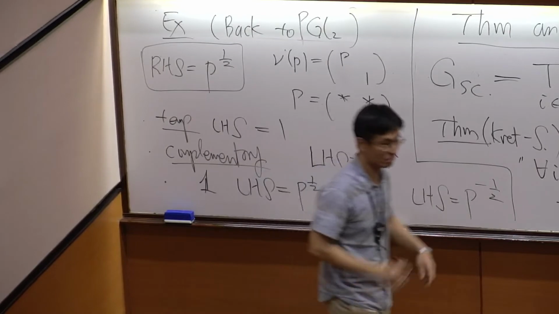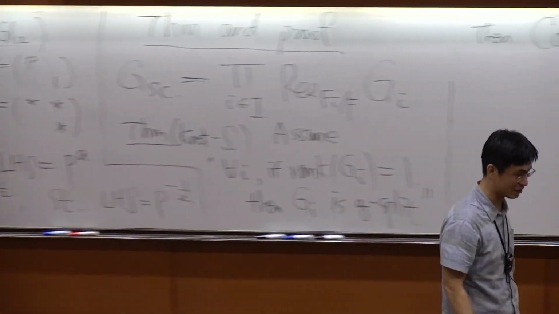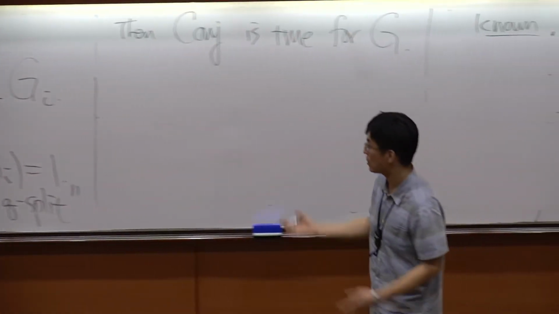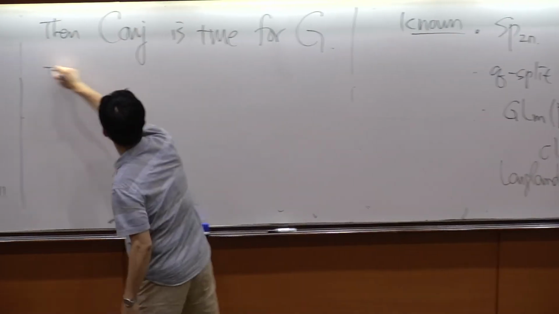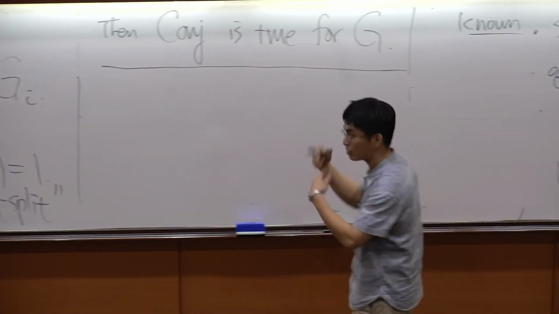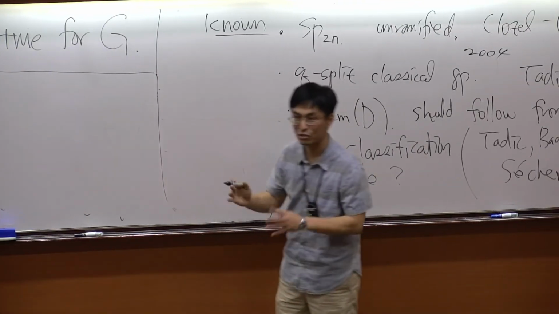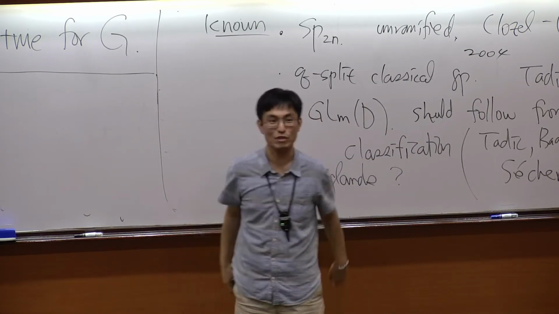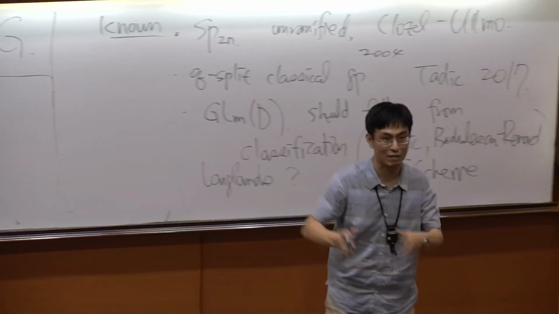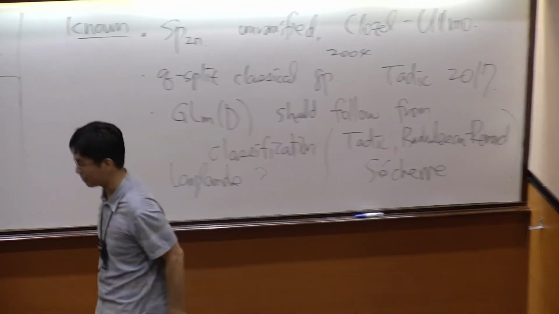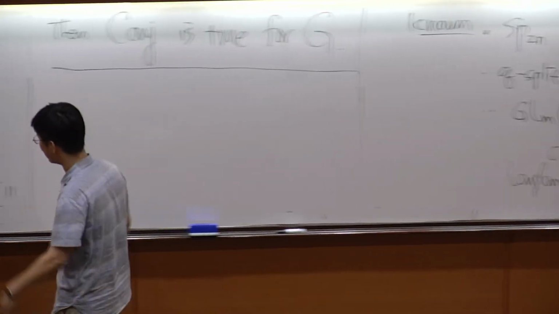In particular, you don't have to assume anything about G being classical groups or something. We deal with all the exceptional groups, because exceptional groups, even when you take inner forms, tend to have large rank greater than 1.